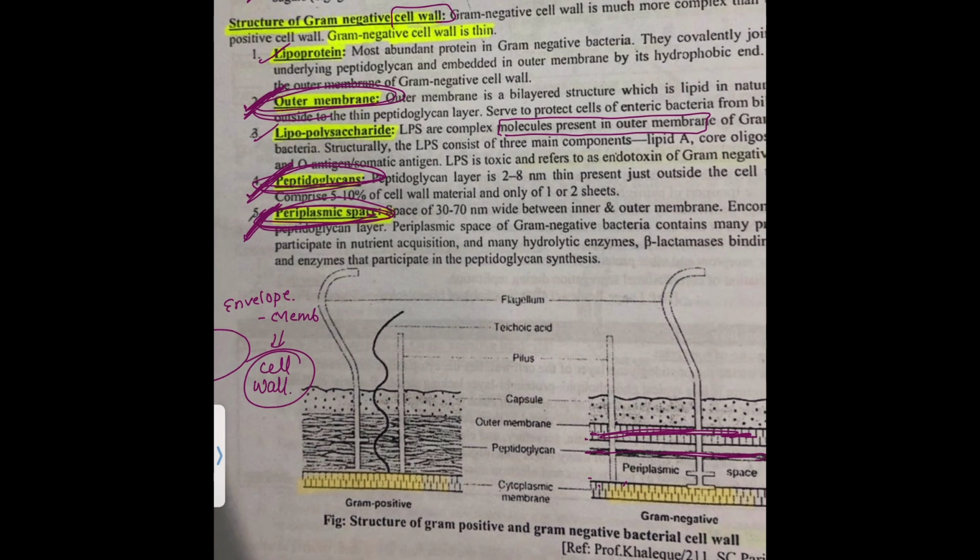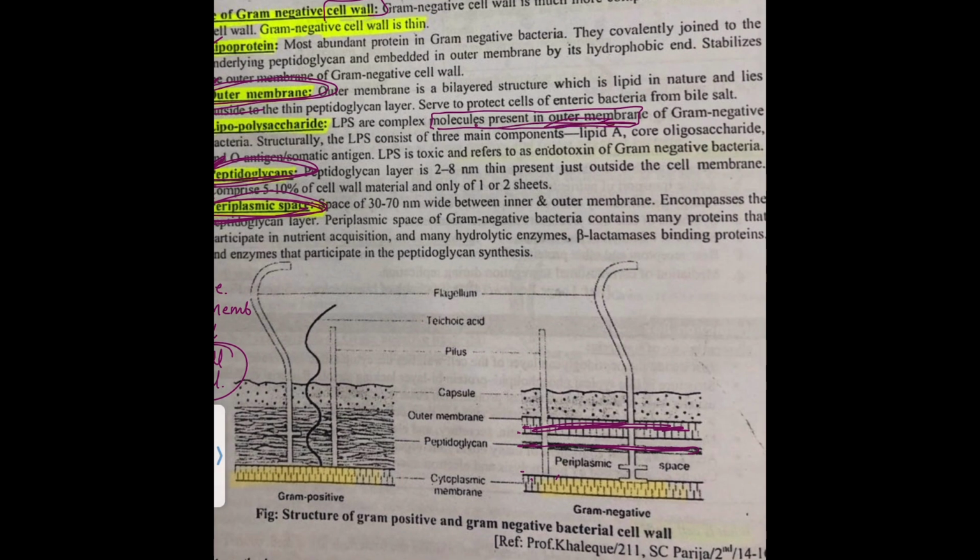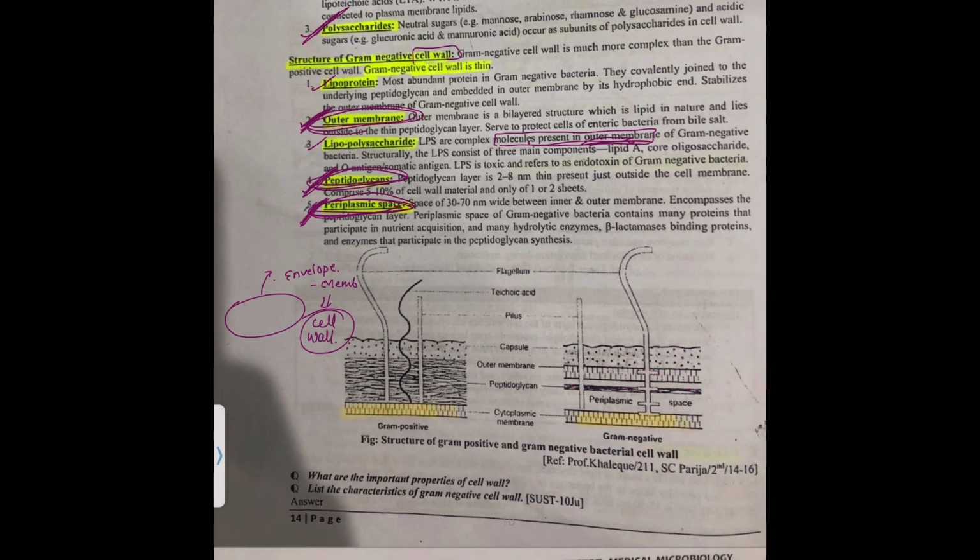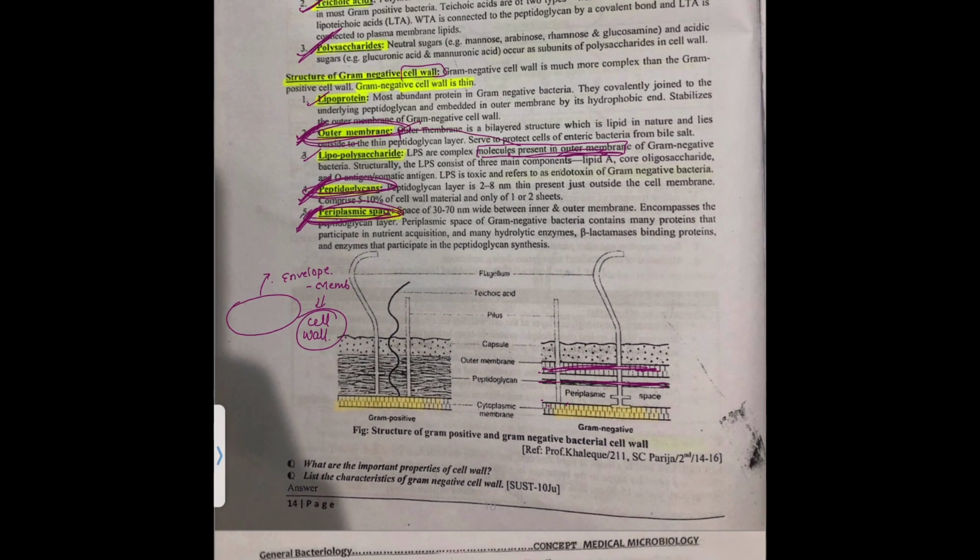Clear? And lipoproteins are abundant proteins found in gram-negative bacteria, which are joined to the underlying peptidoglycan and embedded in the outer membrane by their hydrophobic end, stabilizing the outer membrane of the gram-negative cell wall.